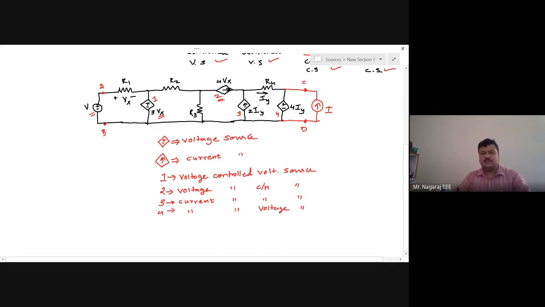So these are the types of sources that we come across in various circuits that we go through hereafter. This circuit I have given just for a general understanding of what we have seen yesterday. It is a small repetition.